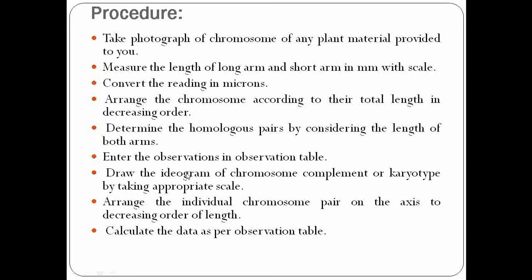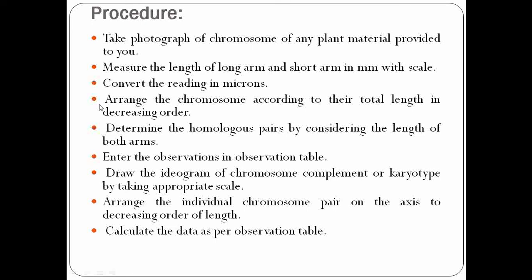But before that, in the procedure, you first arrange the chromosomes into homologous pairs according to their length in decreasing order. Then you observe your observation table and take the readings accordingly.